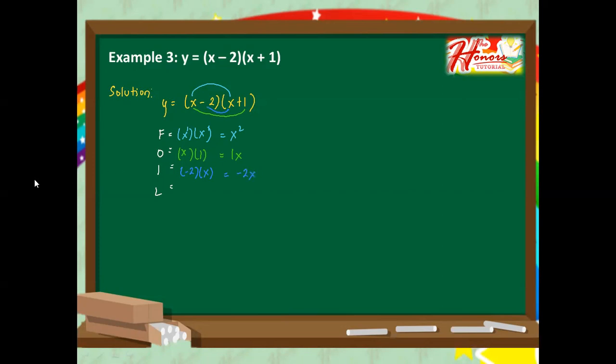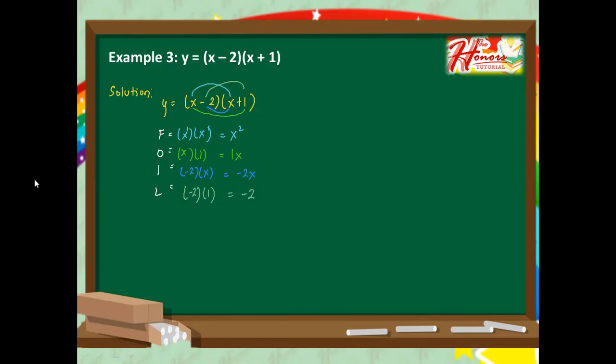And L for last. So for last, we have here negative 2 times 1. So negative 2 times 1 is negative 2.